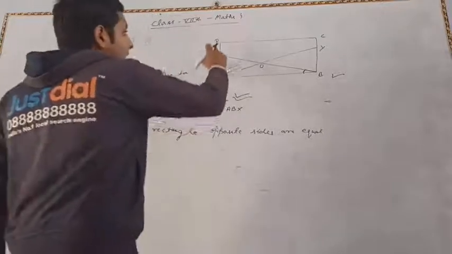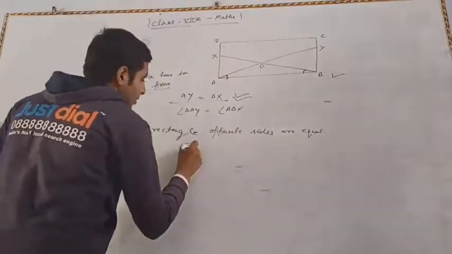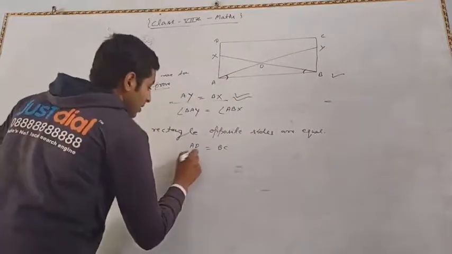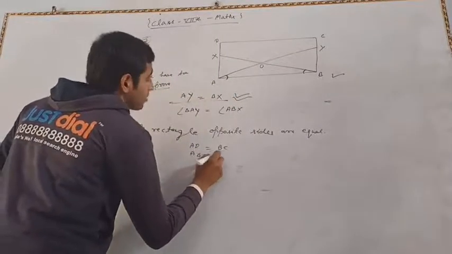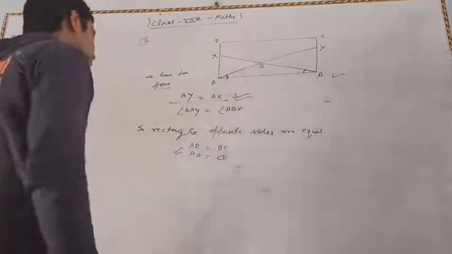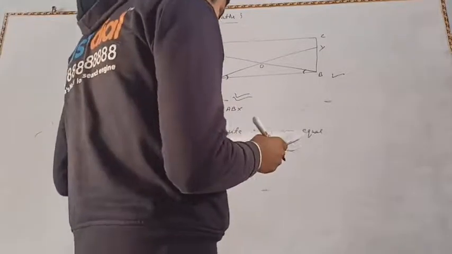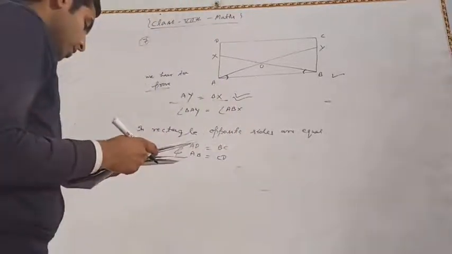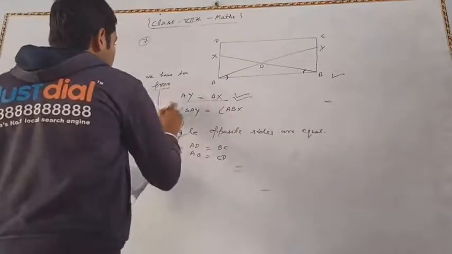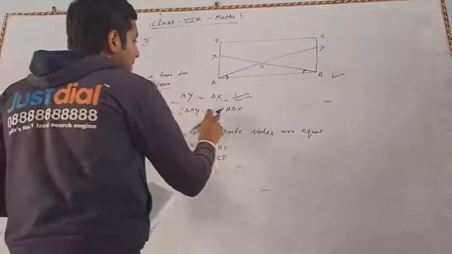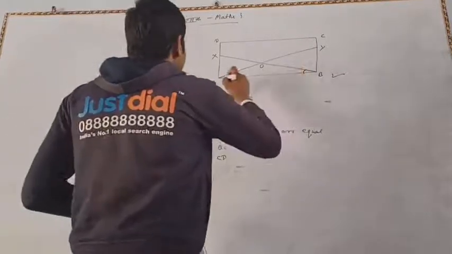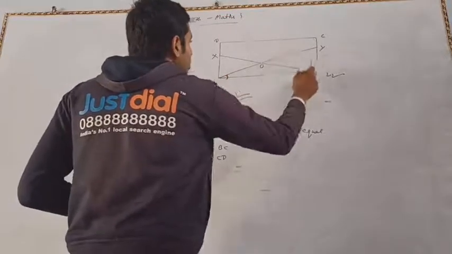So here AD is equal to BC, and AB is equal to CD. Now, given that AY is equal to BX, we have to prove angle BAY is equal to angle ABX.